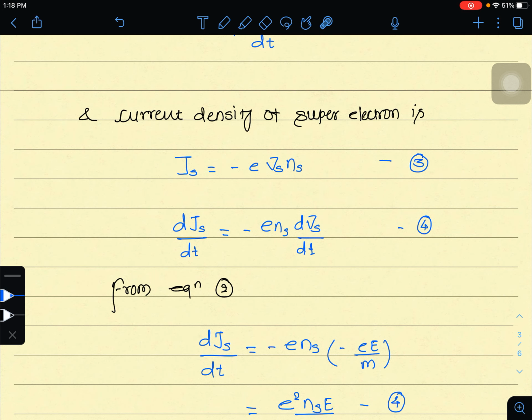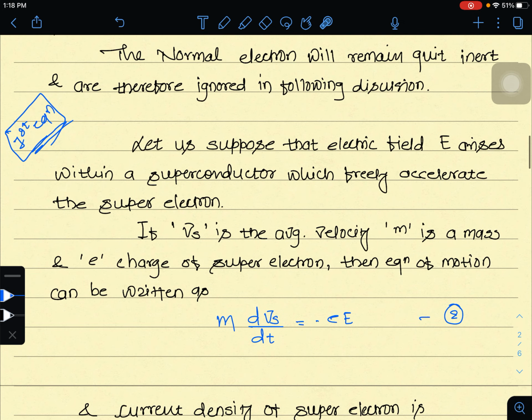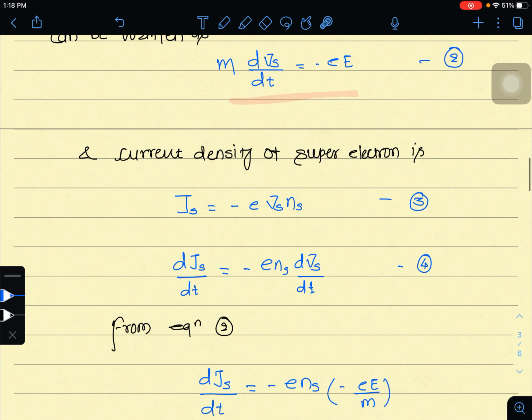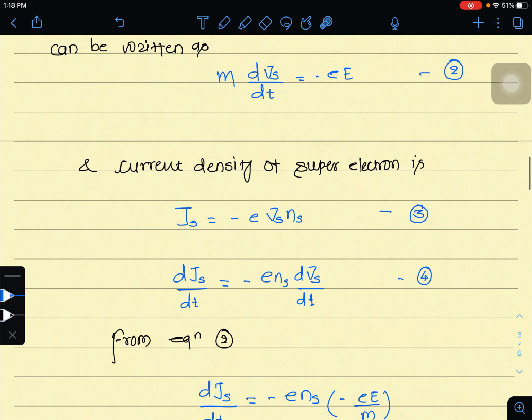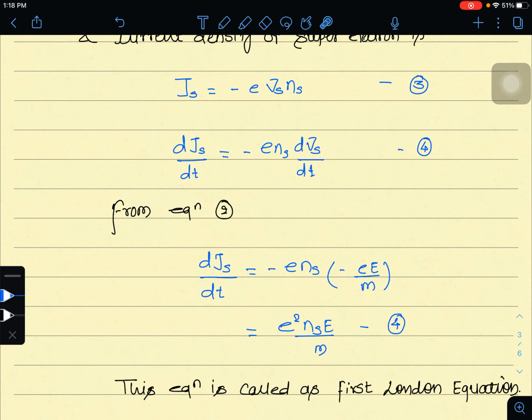So this is equation number 2. Now from these equations, dVs by dt is equal to minus eE by m, so this dVs by dt is replaced by this equation. Now we get dJs by dt is equal to minus e Ns in a bracket minus eE divided by m.